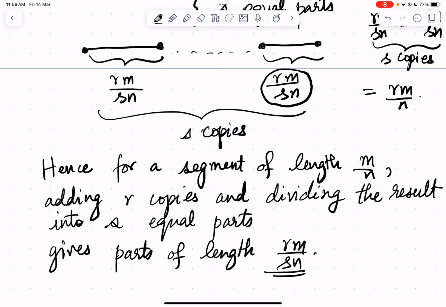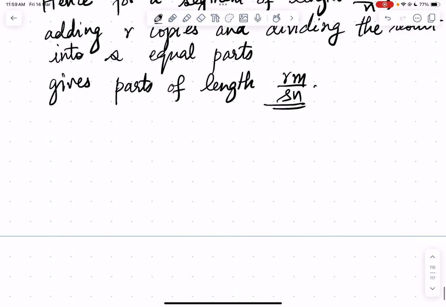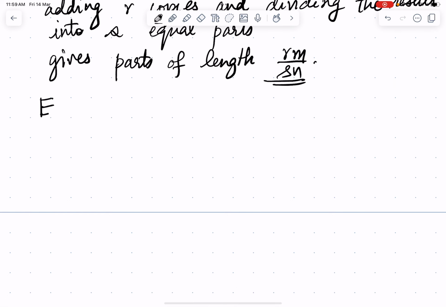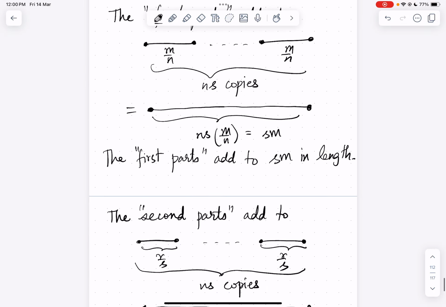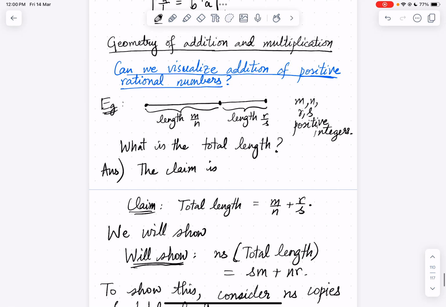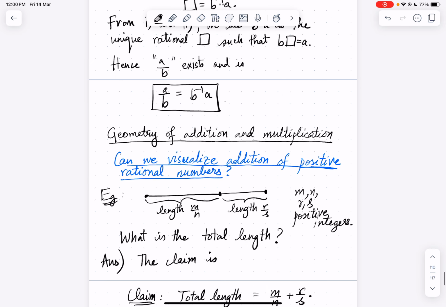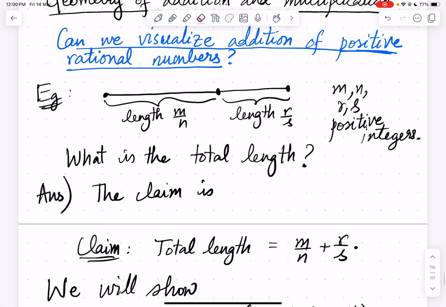Now there's another better way in terms of areas. So consider this example. Consider a thin sheet of liquid. Okay, one thing, I'll use blue for all the questions just to emphasize the questions.